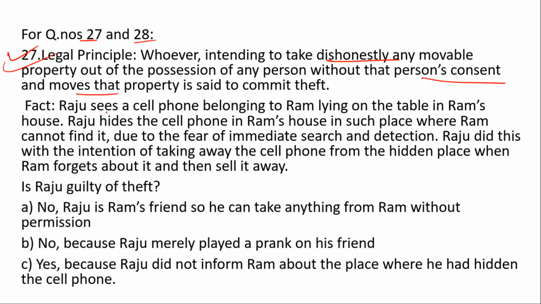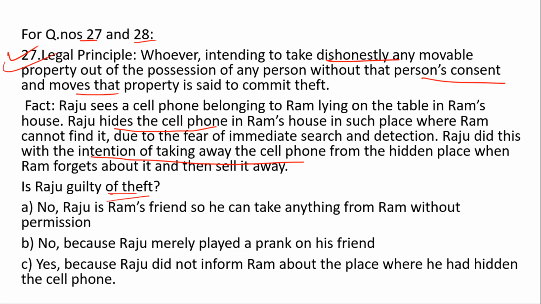The case says Raju saw a cell phone on Ram's table. Raju hid the cell phone in Ram's house in a place where Ram could not easily find it, due to the fear of immediate search or detection. Raju did this with the intention of taking away the cell phone from the hidden place when Ram forgets about it, and he then sells it away. Now the question is: is Raju guilty of theft?